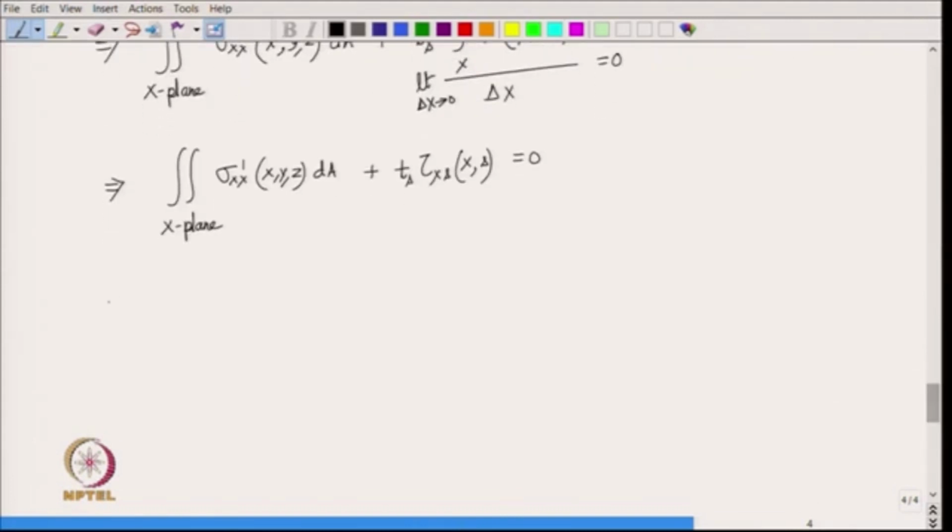So, this implies tau x s of x comma s is minus of 1 by T s integration over the x plane of sigma x x prime x y z dA.